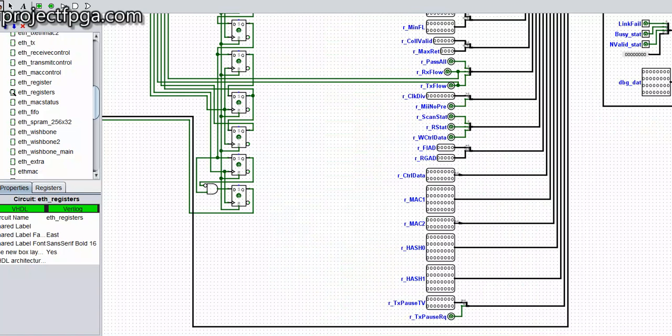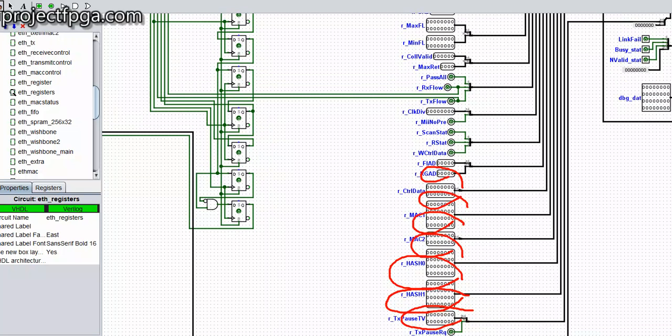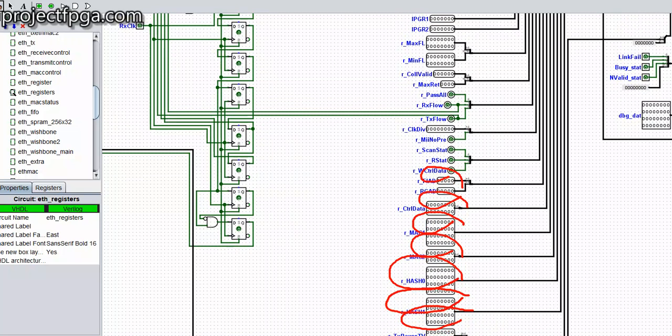So then again, we can see the transmit pause timer value here, and the transmit pause request also, the hash algorithm that was used for CRC check. Then our MAC address is also here, then we saw the control data.